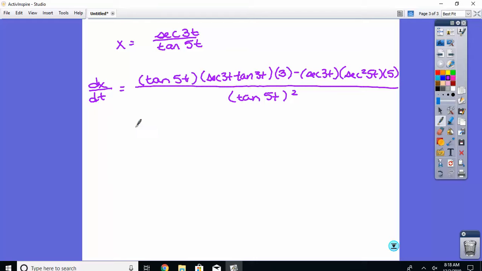Okay, as far as what I expect you to do to simplify this, coefficients need to come out in front, so pull the 3 out. Can I multiply these tangents together and make it a tangent squared? No, because the angles are different. This one, pull the 5 out in front.